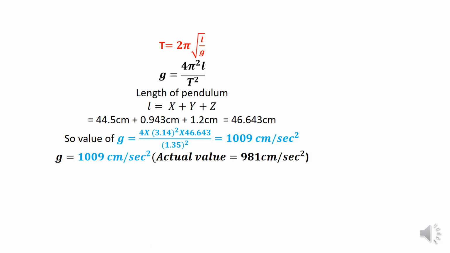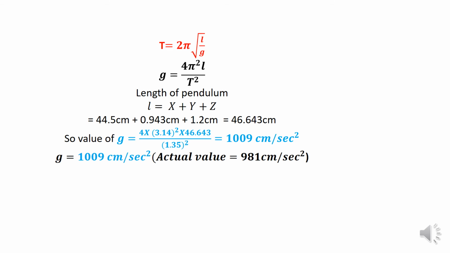Now calculation. Because we have to measure G, the formula used for that will be time period T equal to 2 pi under root L by G. Now T is the time period, 2 is a constant, pi is a constant, L is the length of the pendulum, G is the acceleration due to gravity that we have to find.